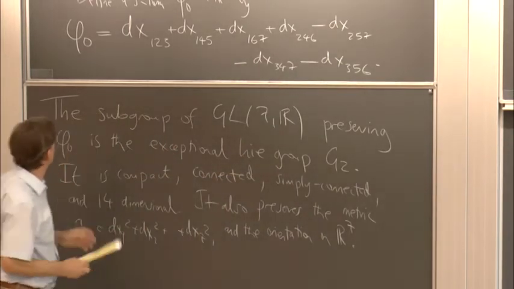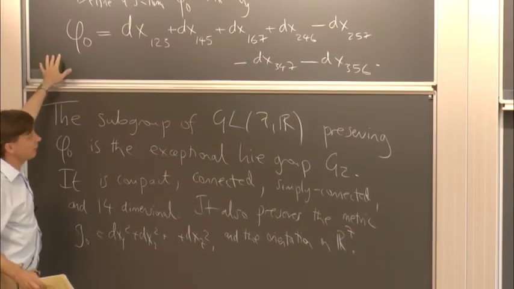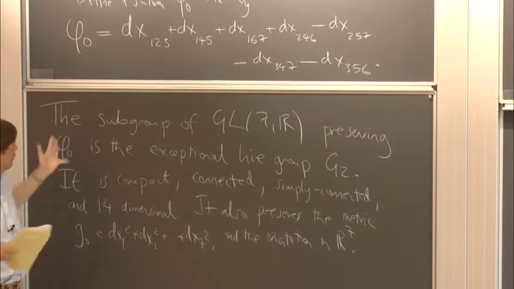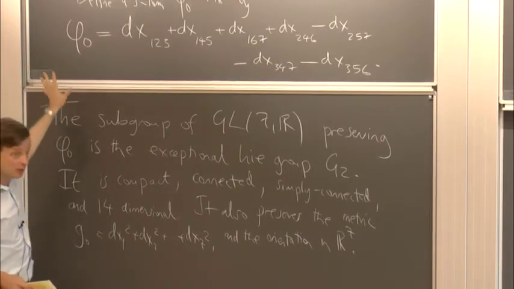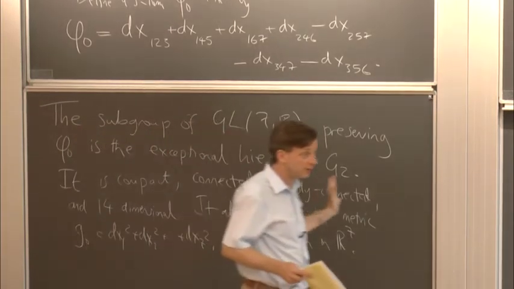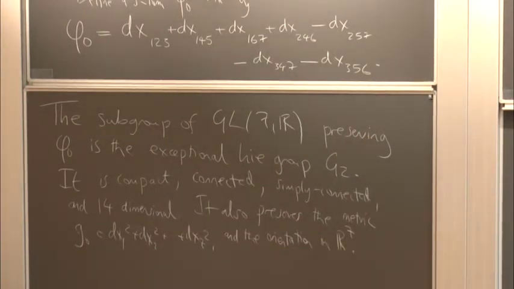Okay, so we're going to want to know where this three form comes from. Well, one answer would be that it comes from the multiplication table in the octonions, the Cayley numbers.